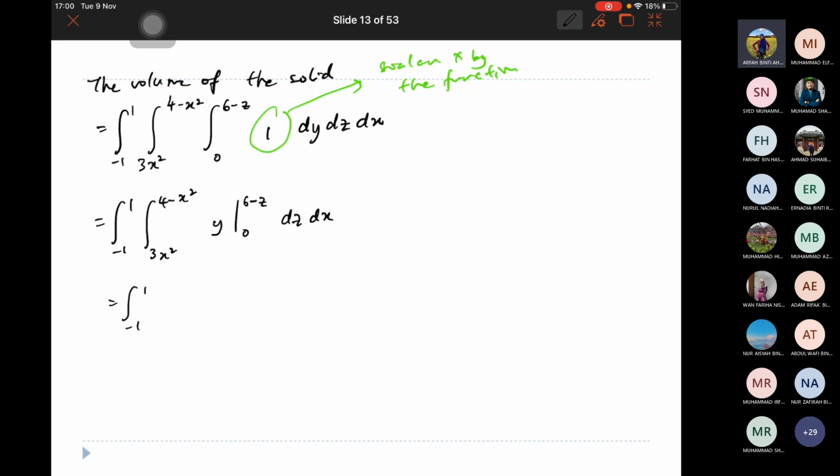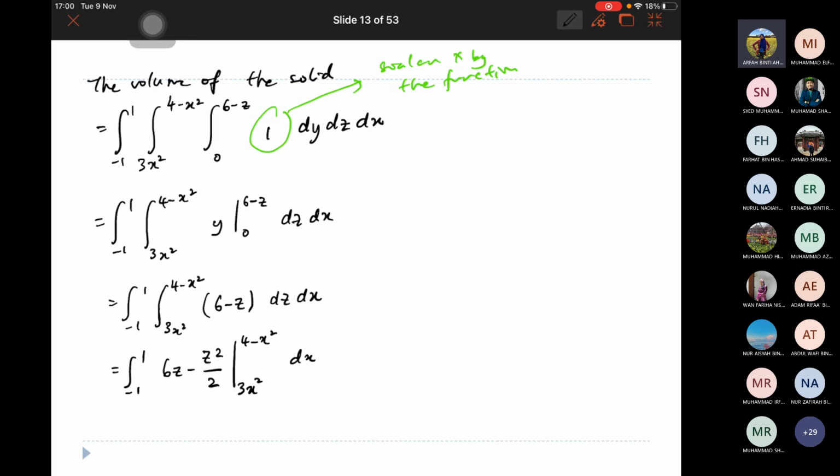Then settle the integrate, you are going to have 3x squared sampai 4 tolak x squared, 6 tolak z, dz, dx, negatif 1 sampai 1, 6z tolak z kuasa 2 per 2, 3x², 4 tolak x², dx. Okay.